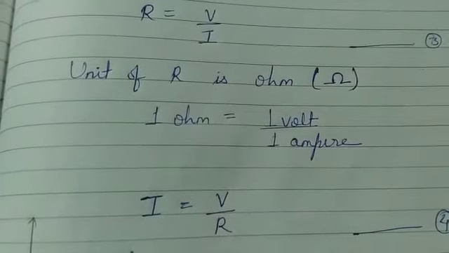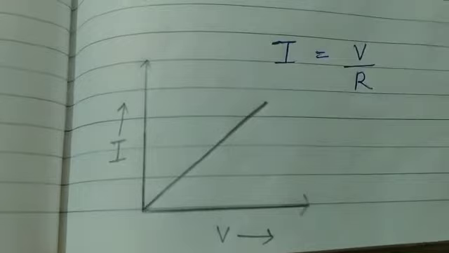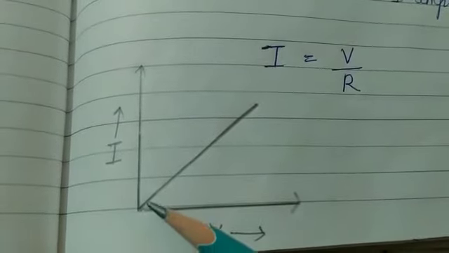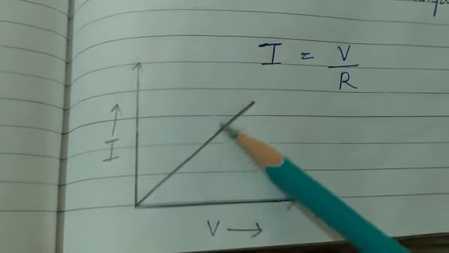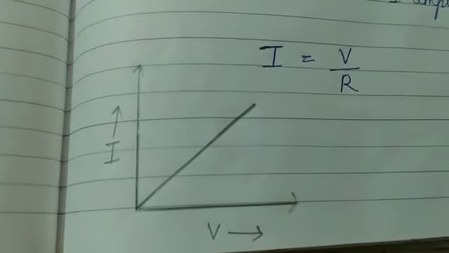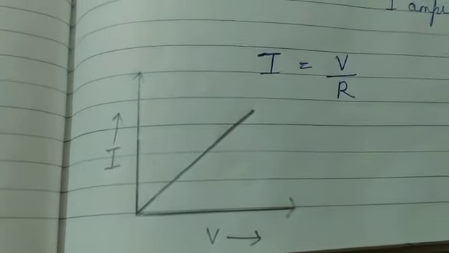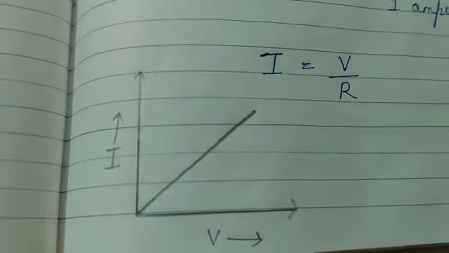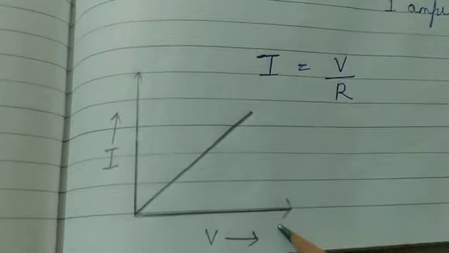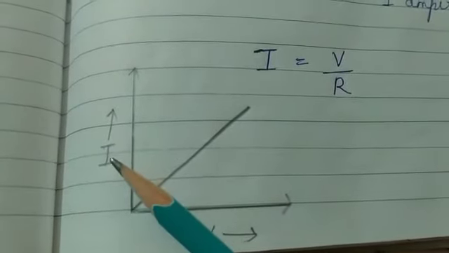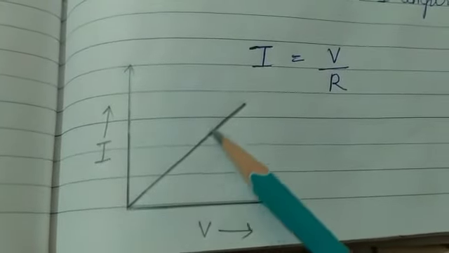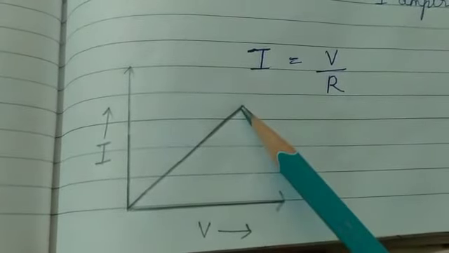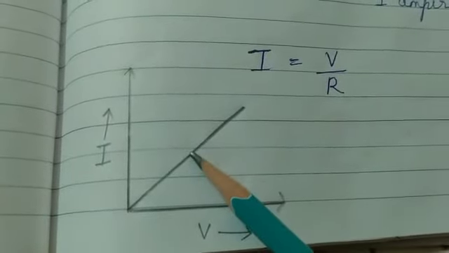Okay. Now one very important thing, when two values are directly proportional to each other, the graph between them is always a straight line. So when from that table we take the values and plot a graph between V and I, we will get one straight line. Okay, if we are getting straight line, that means Ohm's law is proved.